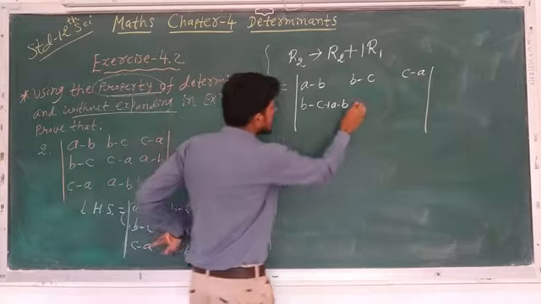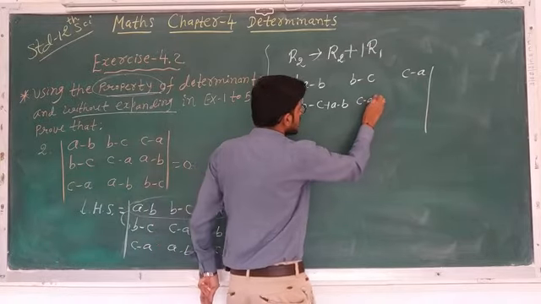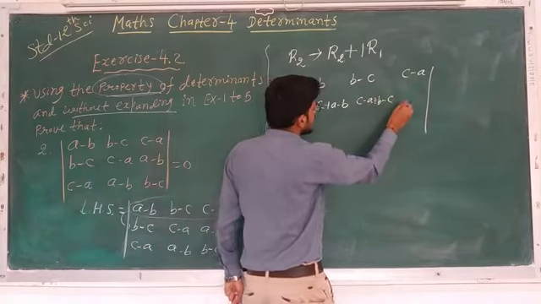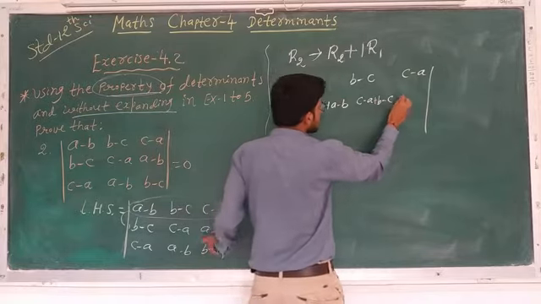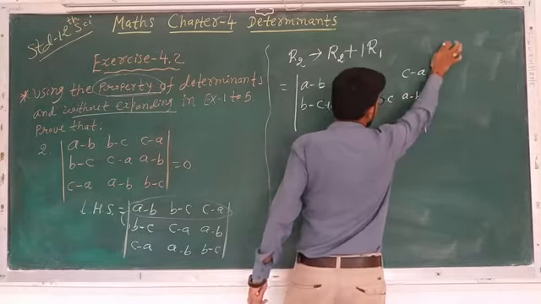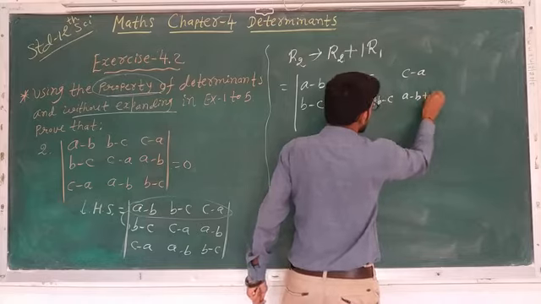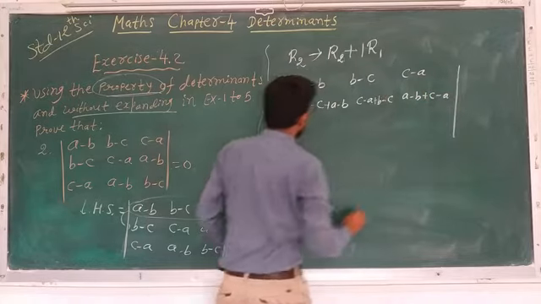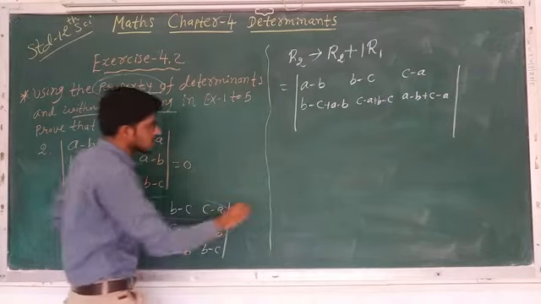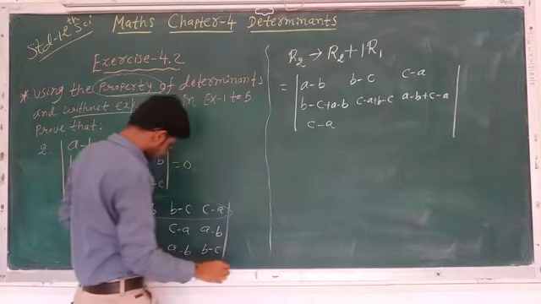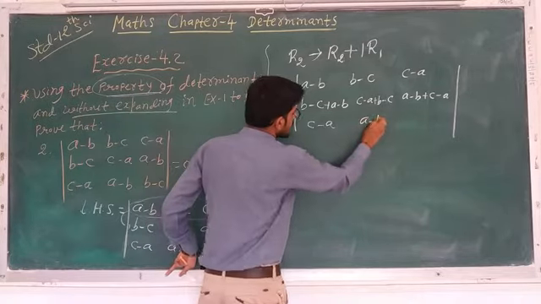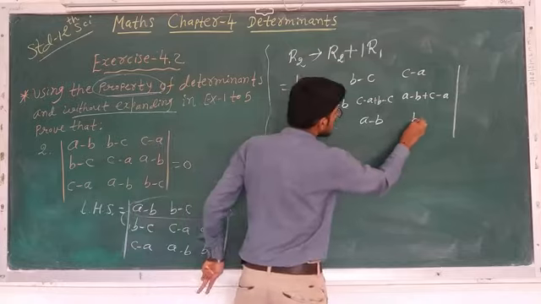Next, c minus a plus b minus c. Next, a minus b plus c minus a. And the third row as it is: c minus a, a minus b, and b minus c.